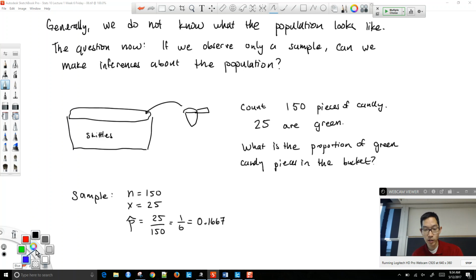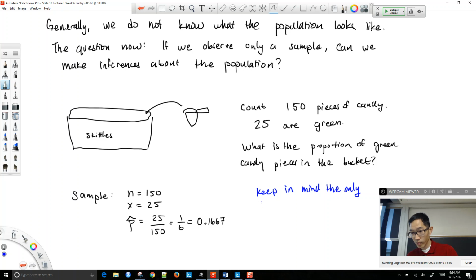And maybe I'll write that down. So keep in mind, the only way to get the true value of P for the bucket is to dump out the entire bucket, count all the pieces, and count how many are green.